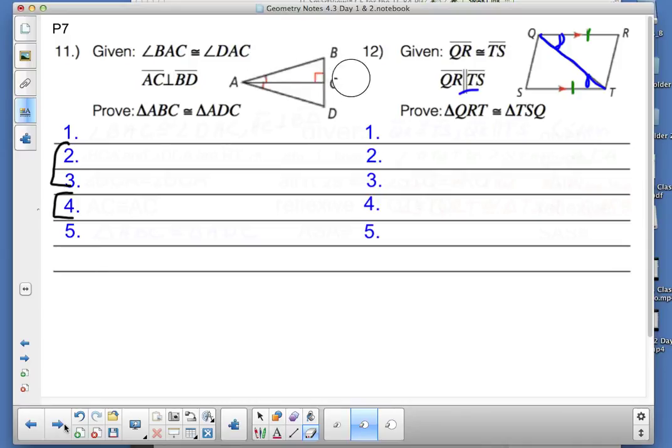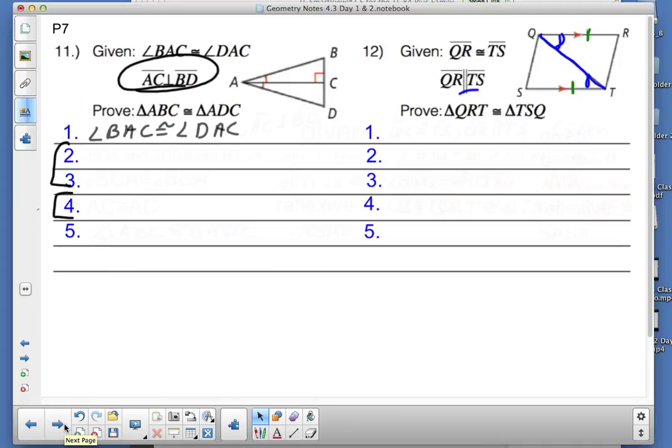I have, once again, provided you this statement. My perpendicular segments or lines. When I say that, I'm telling you, you got right angles. And when you got right angles, you got all right angles congruent. It's a 2-step process to get to that. But once I do that, I know what's going on. So I'm going to write my given.